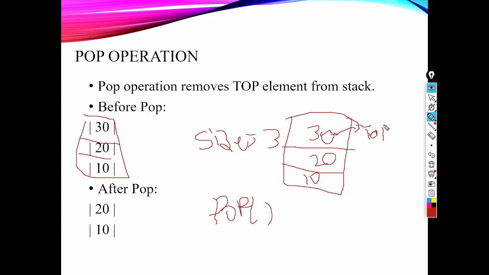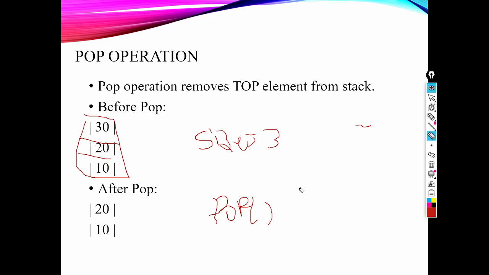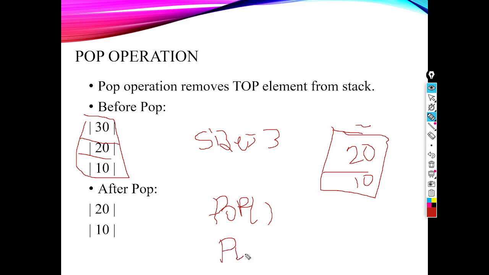Whenever we use the pop operation, which element will it remove? The 30 will be removed from the stack. So now how many elements are there in my stack? 10 and 20.